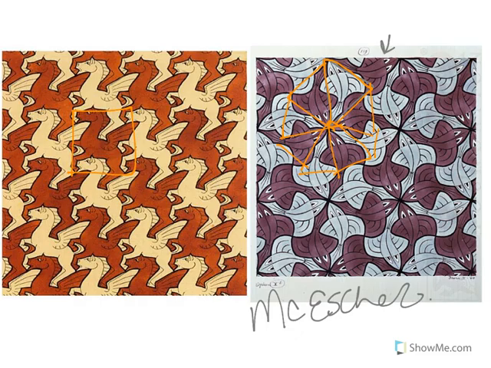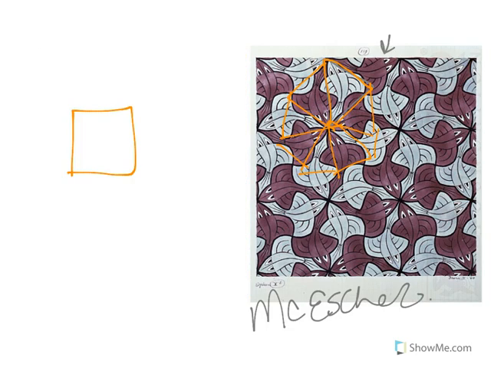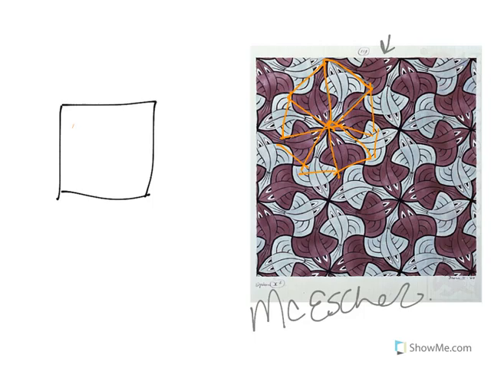And I'm going to explain that better. So if I take this shape of a square and I want to create a tessellation of it, if I wanted to subtract this side from here, I would have to add it on there.